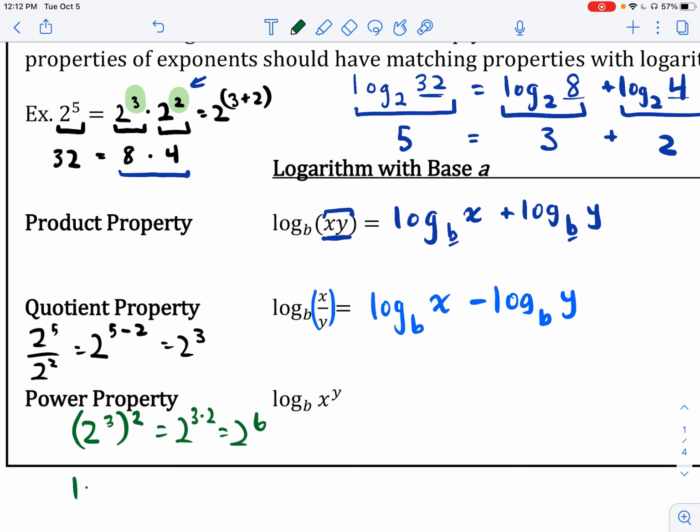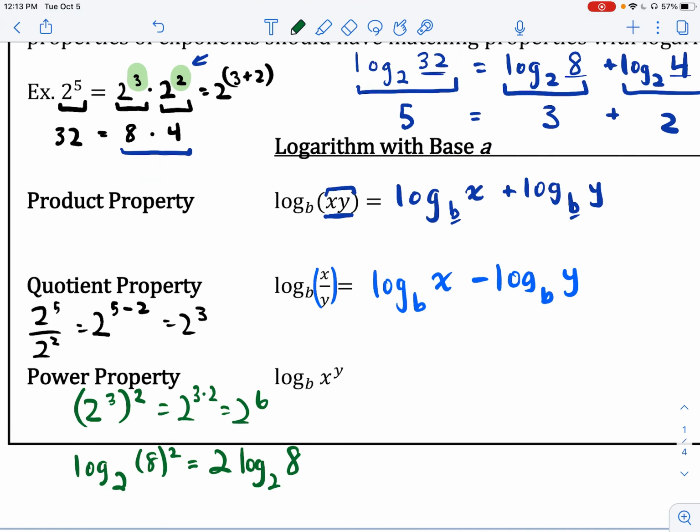So something like log base 2 of 8 squared is equal to the same thing as taking that 2 and multiplying it, right? All of this would be equal to 6.